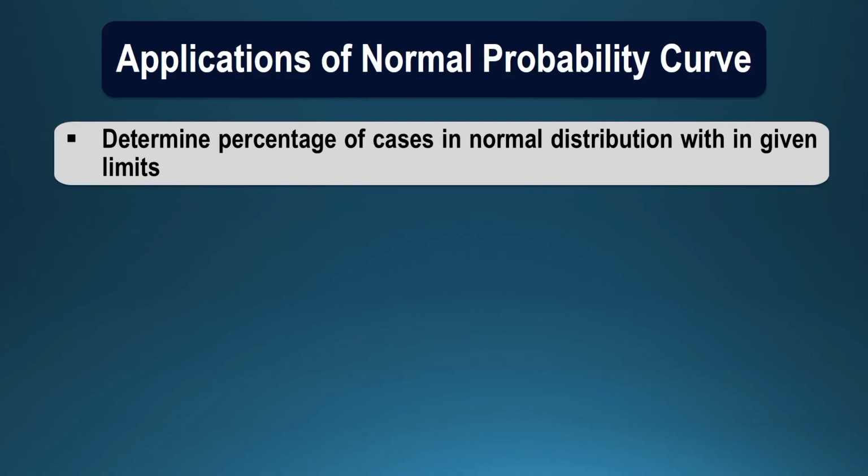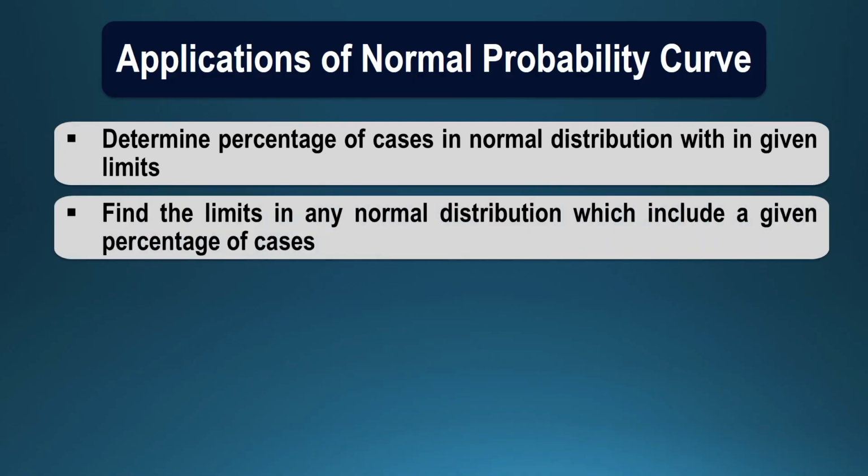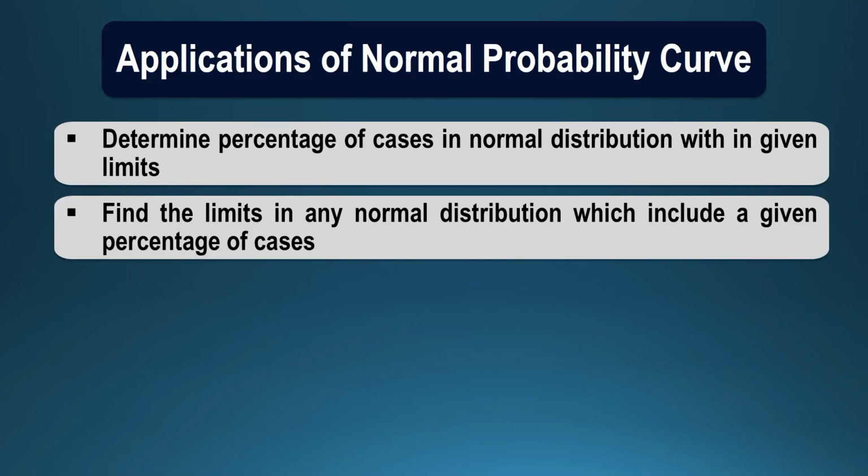Then find the limits in any normal distribution which include a given percentage of cases. If you want to know between what scores 75% of the cases lie, you can use normal probability curve and find out.